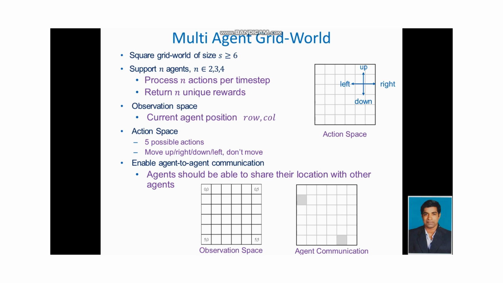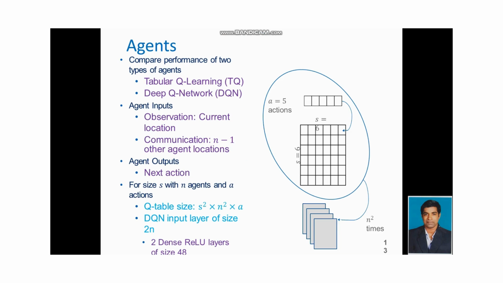Enable agent to agent communication: agents should be able to share their location with other agents. Compare the performance of two types of agents: one is tabular Q-learning, another one is deep Q networks. Agent inputs: observation, current location; communication, n-1 other agent locations.